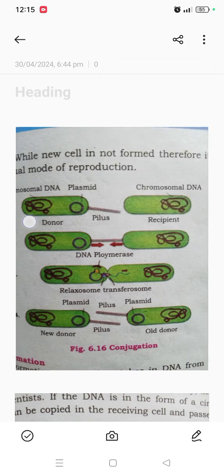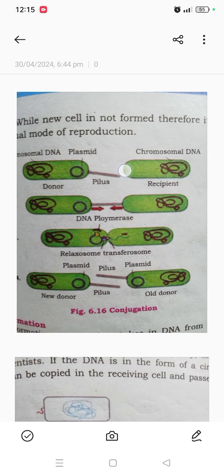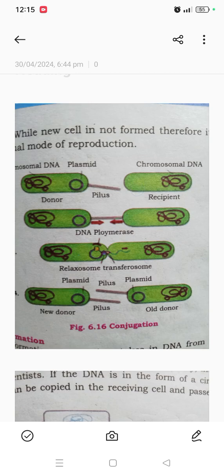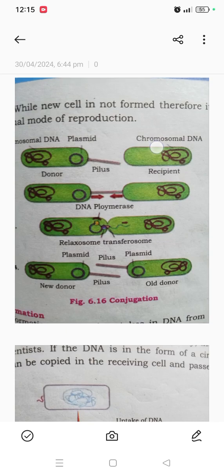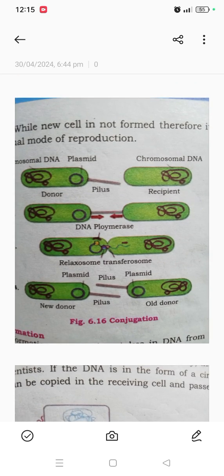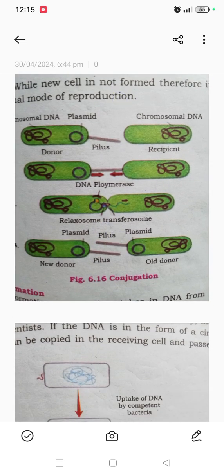Here you will see that they have the chromosomal DNA, and the plasmid is the structure. The pilus is the middle part present in the cytoplasm, also called the cytoplasmic bridge. You just saw this has been transferred. This is called the donor, and the one accepting is called the recipient. The plasmid will be transferred through the pilus to the recipient.